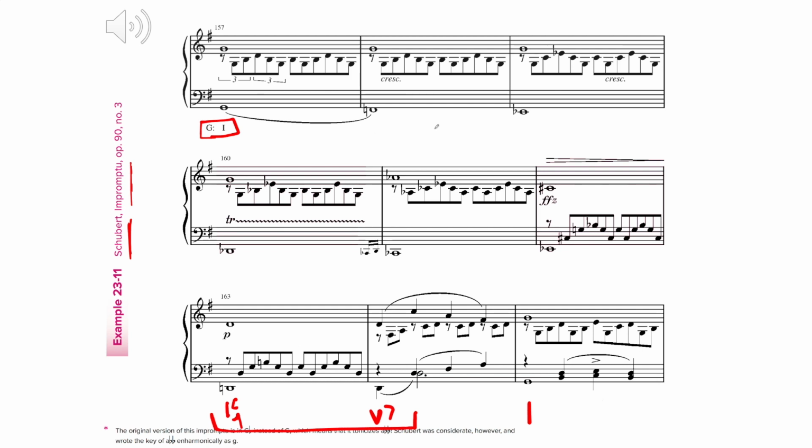But between them, in these 4 measures, something very interesting happens. Let's take a look at it. The second measure of the example is a G7 in third inversion.